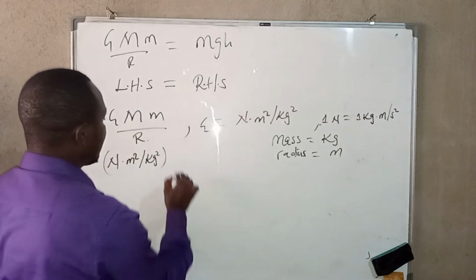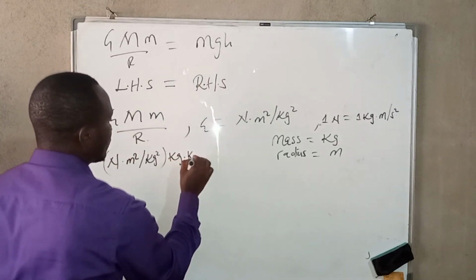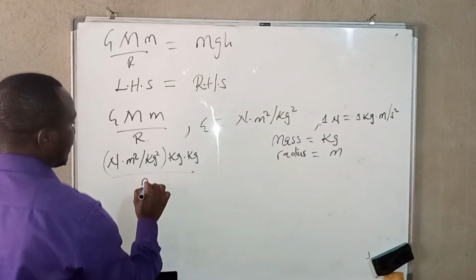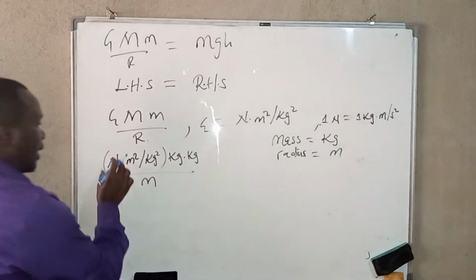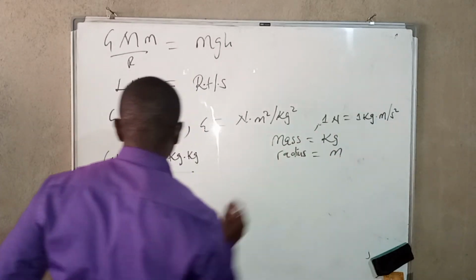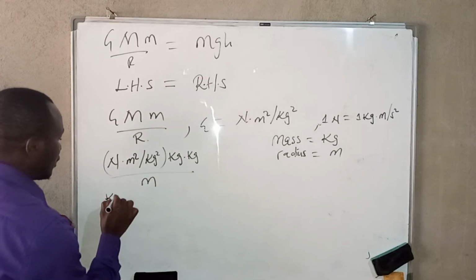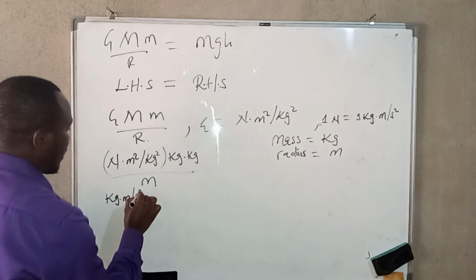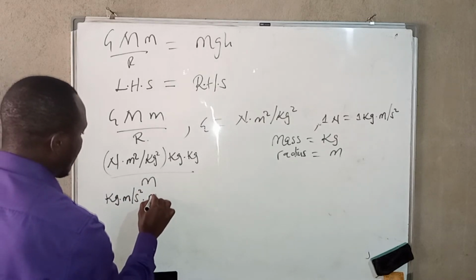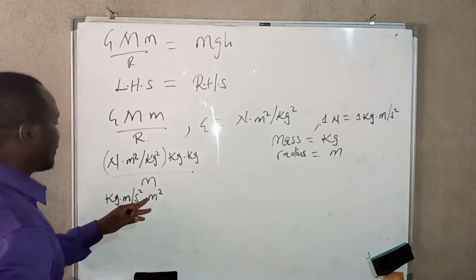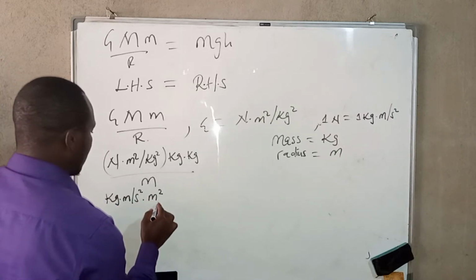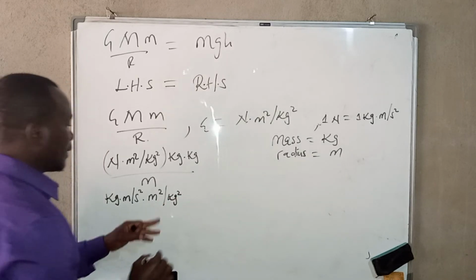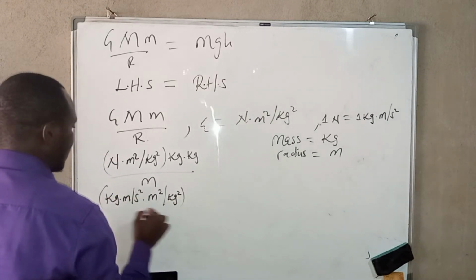Then we have kg for mass, and also kg for the other mass. And then we have R, which is simply a meter. And we know that Newton is kg meter per second squared. Then we have meter squared, and also meter squared per kg squared. Let's put them in brackets.